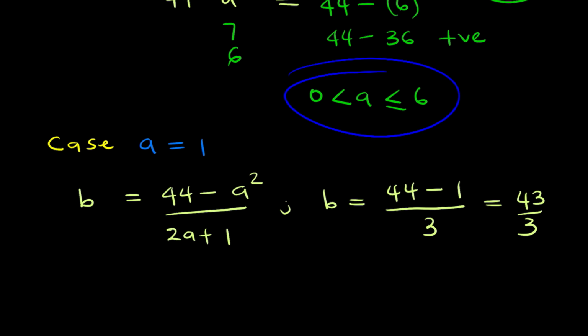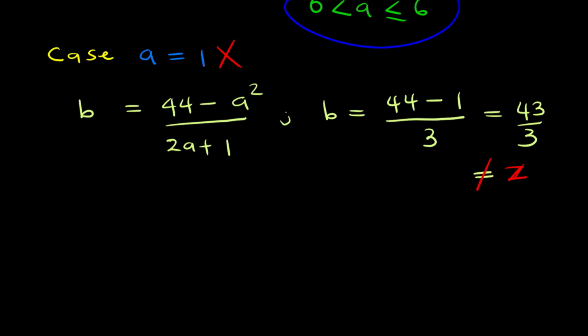Now, if you look at this case, although what you get is positive, it is not an integer. So the fact that it is not an integer makes this case 1 unacceptable, because 43 divided by 3 will give you decimal values.